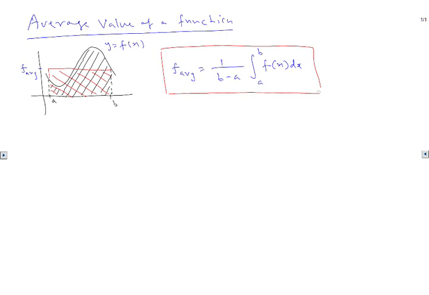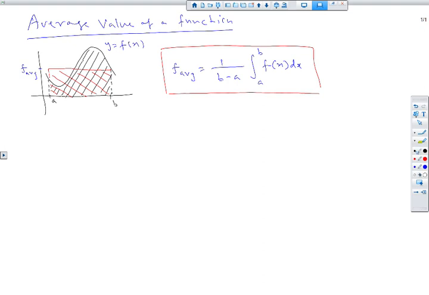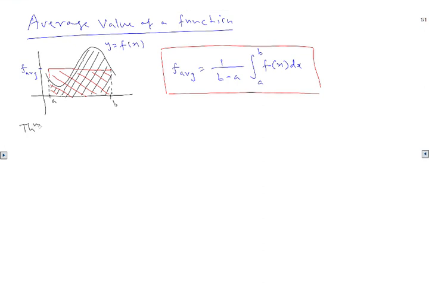And then we have a theorem, the only theorem we have in this section: the mean value theorem for integrals.